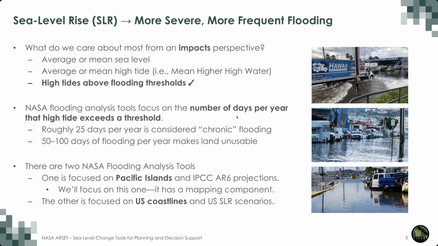Now, when we talk about numbers of days per year, there are various opinions about how you label these types of frequencies of flooding, but something around 25 days per year is generally considered chronic from the scientific literature. And then once you get out to 50 to 100 days of flooding per year, that land is essentially unusable at that point. So you really kind of care about something before those very large numbers of days per year.